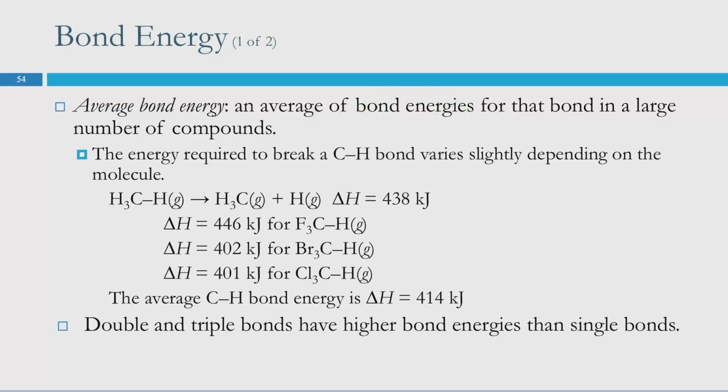So we take a bunch of different compounds that have a specific bond that you can break. You shoot a bunch of electrons or something at them to break those bonds. And you figure out approximately how much energy it takes. Approximate energy to break that bond.